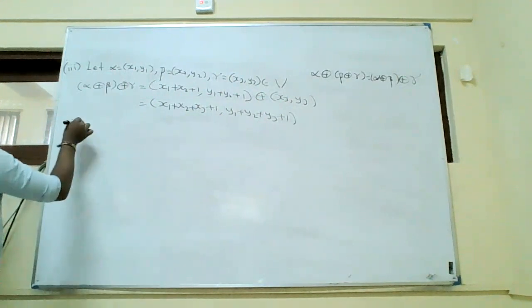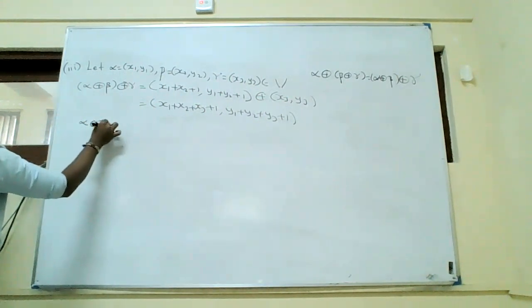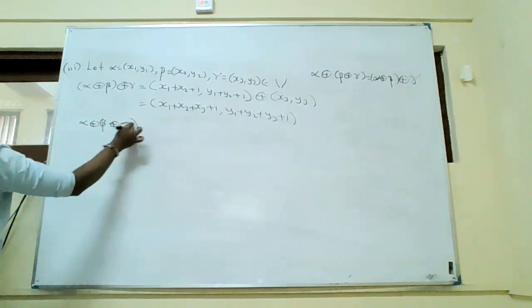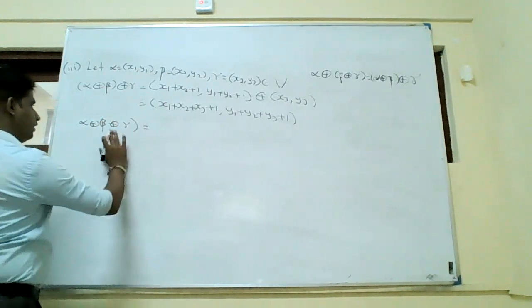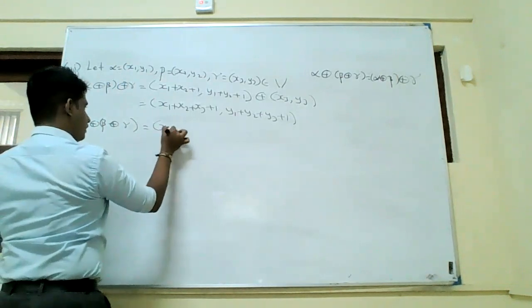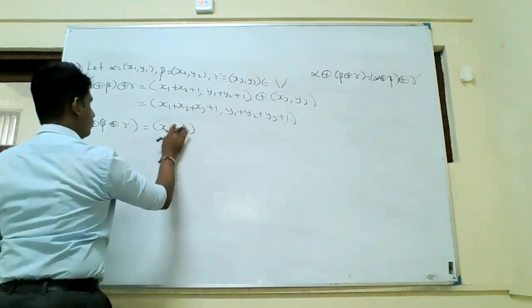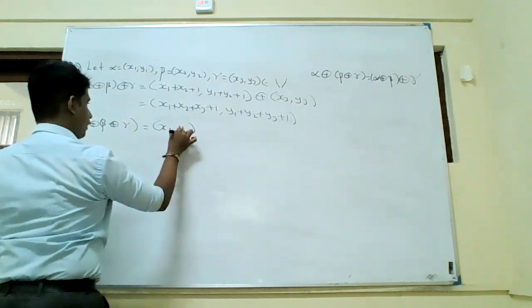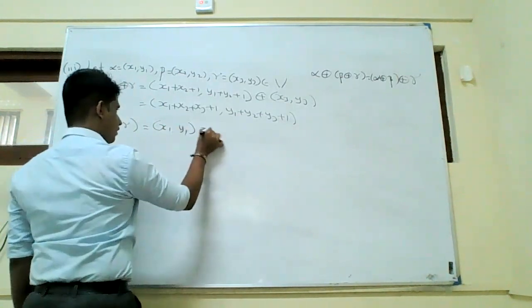Now take the right-hand side addition. Alpha is (x1, y1).